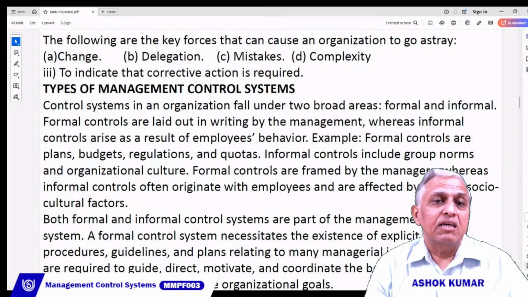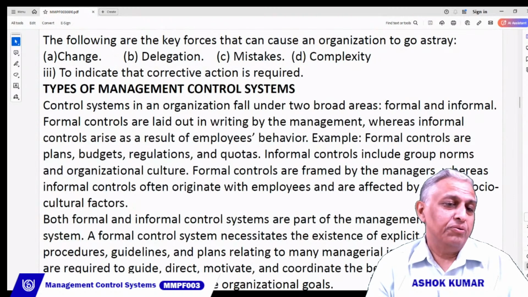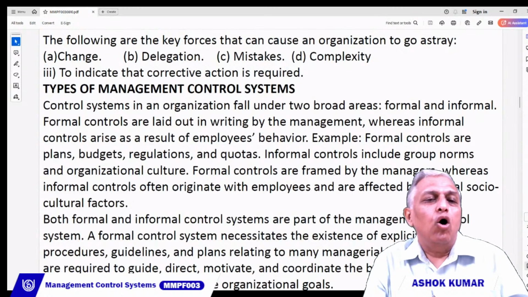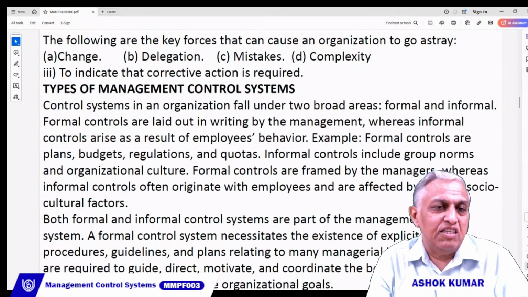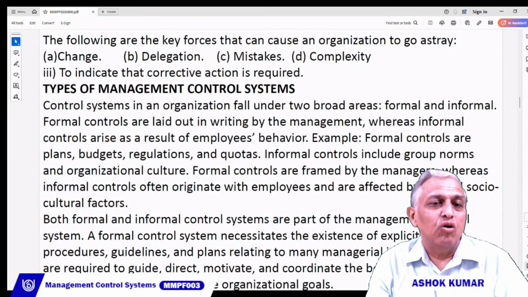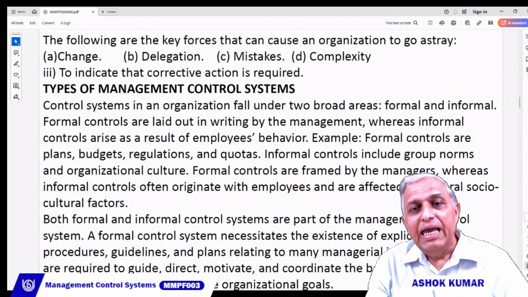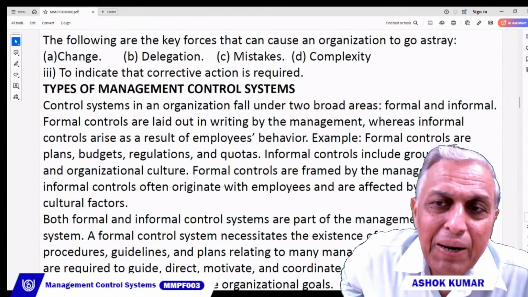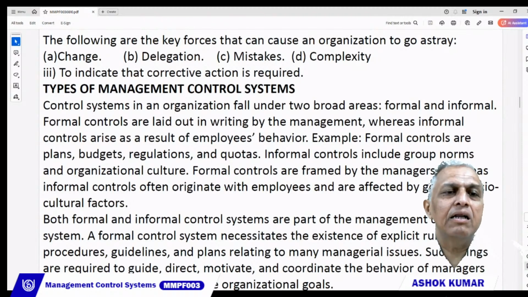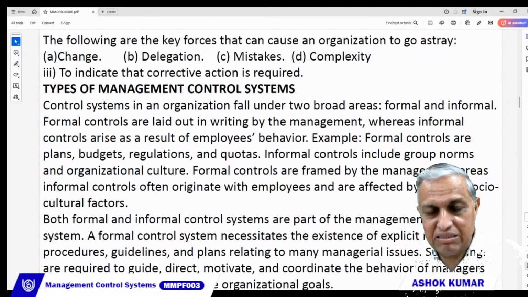The following are the key forces that can cause an organization to go astray. Change: any change in the structure, in the delegation, or maybe certain mistakes which are happening. Maybe it is falling only because of lame excuses or silly mistakes the staff or the officers are doing. And the fourth one is complexity. Maybe the system is very simple, but the one who is to implement it is not learned enough, therefore is finding it complex.